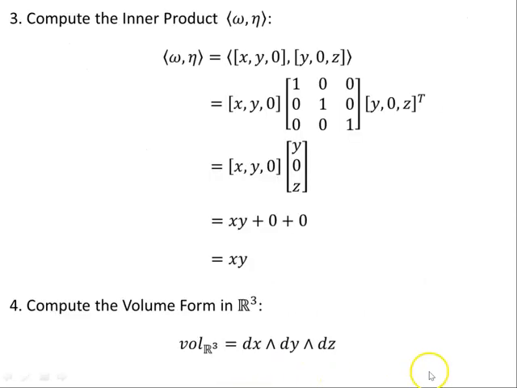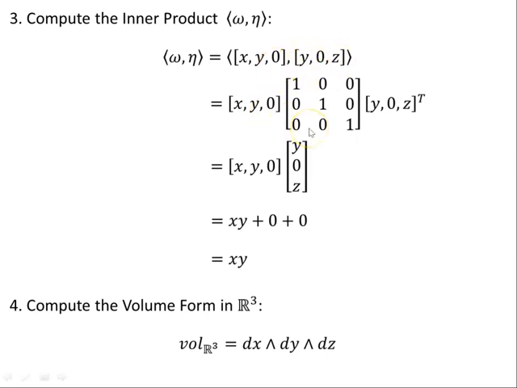Then the next step is to compute the inner product of omega with eta, so that's these covectors. Remember, x, y for the first one-form, and then y, z for the next.